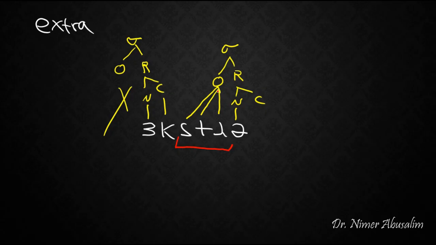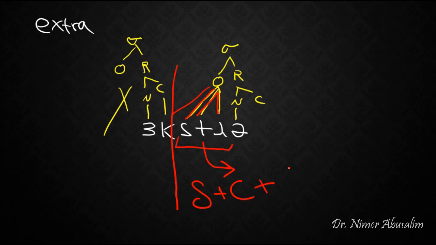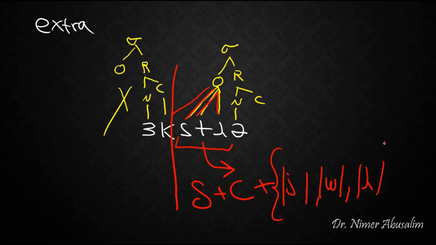We tried to give as many onsets as possible based on the maximal onset principle, but we had to stop right here because if we move on and give one more, then we will be violating the phonotactic constraint of English, which suggests that the largest onset you may have, again, starts with an S, then must have a consonant, and then, like we said, either the Y sound, the W sound, or the R sound.